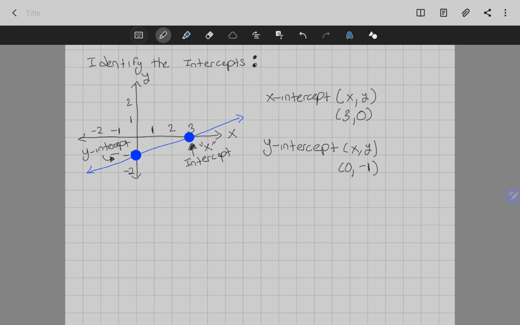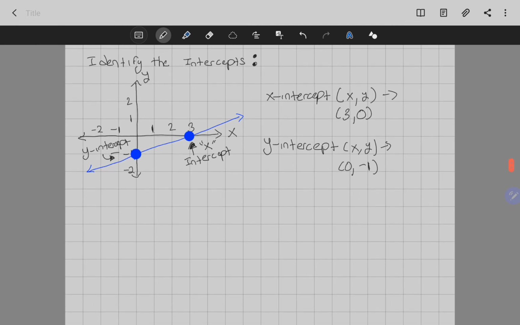So what you have to remember is something very important for the x and the y-intercept. For the x-intercept, this is always whatever the x is and a 0. For the y-intercept, it's the other way around. The x is always a 0 and the y is some kind of number. Cool. So that's what tells you everything for the intercept.